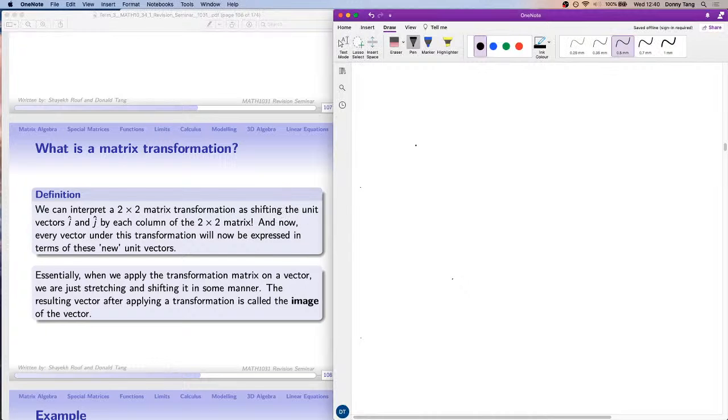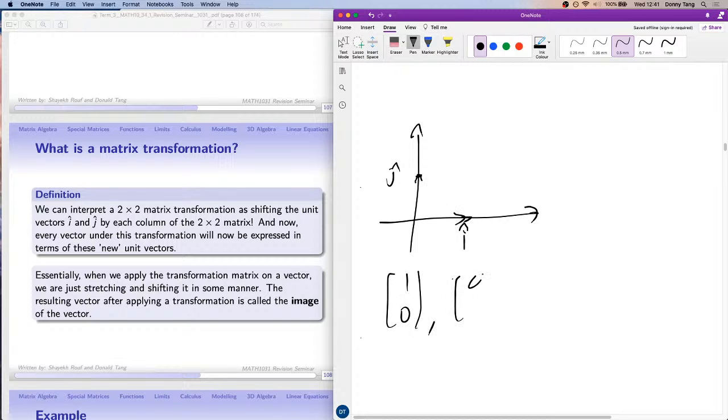Before, we would have our unit vectors i hat and j hat, which just represent (1, 0) and (0, 1), right? And every vector would be expressed in terms of these two vectors.